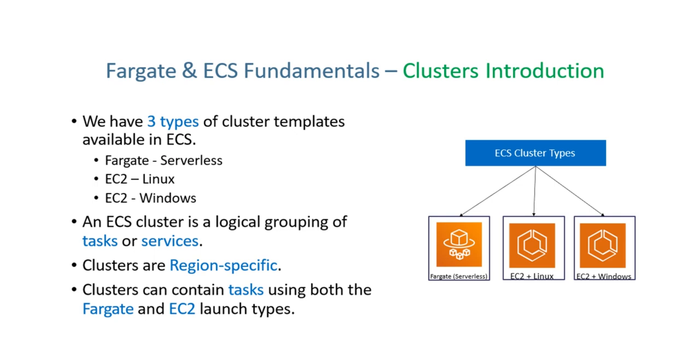So we have three types of cluster templates available in ECS: Fargate, EC2 with Linux, and Windows. An ECS cluster is a logical grouping of tasks or services. Clusters are region specific, like other services in AWS. A cluster can contain tasks using both the Fargate and EC2 launch types.